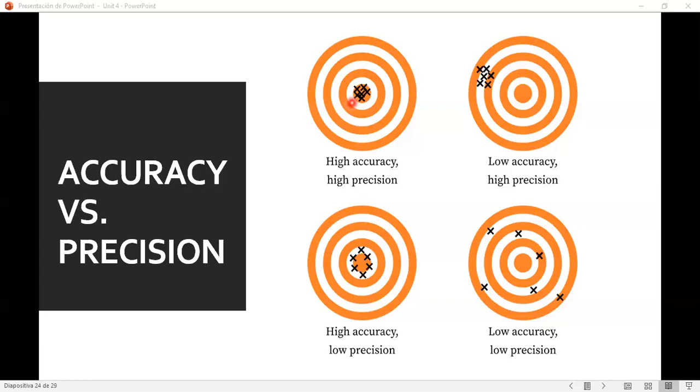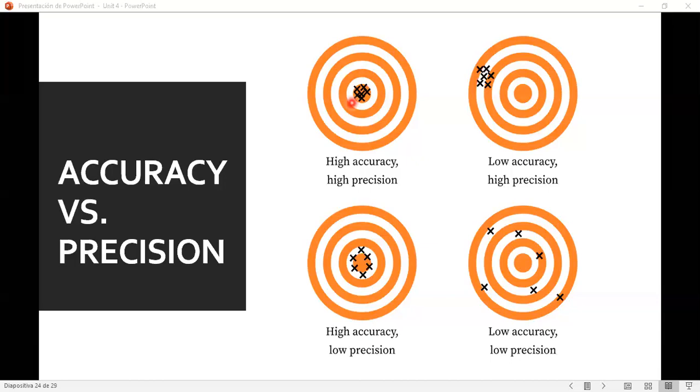So we might conclude the difference between accuracy and precision. Accuracy, in this case, is the degree of closeness to the true value. That's accuracy: how close it is to the true value, to the point, the goal, the objective, and stuff like that. Meanwhile, the precision refers to how close the measurements are to each other.